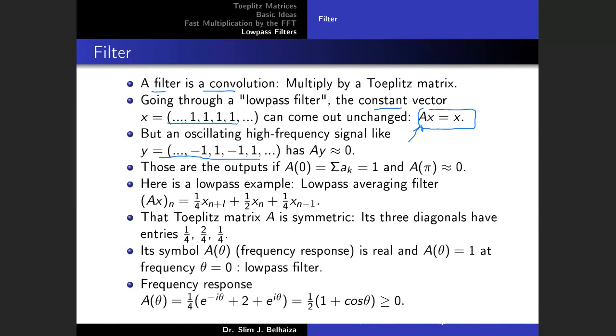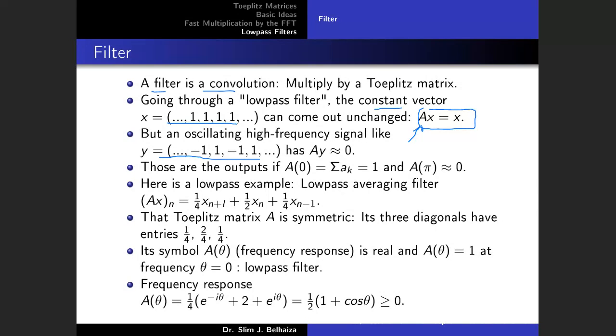So here is a low-pass example. (Ax)_n will give you 1 over 4 x_(n-1), plus 1 over 2 x_n, plus 1 over 4 x_(n+1). And that Toeplitz matrix A is symmetric.